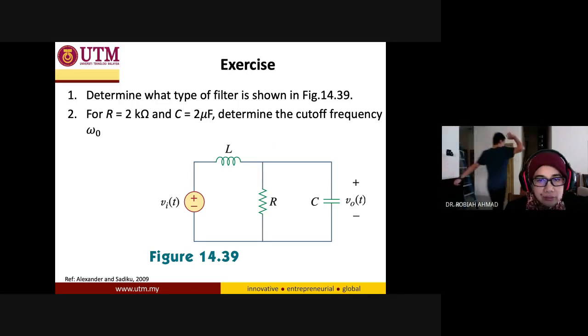So we need to determine what is the type of filter. Is it a low pass filter, high pass filter, band pass filter, or band stop filter? And with the value of R and C given, determine the cutoff frequency.